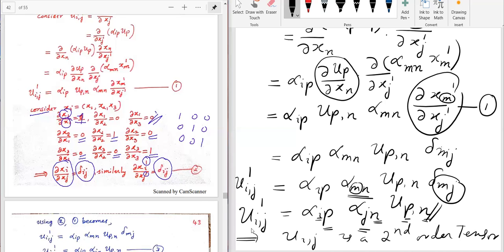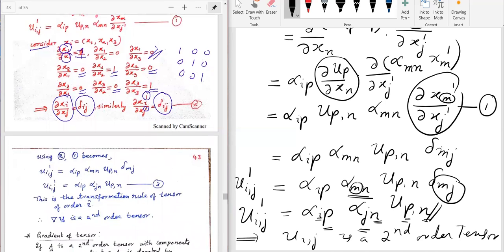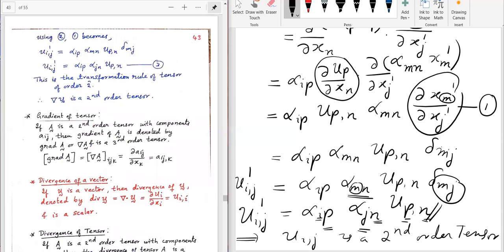The next part, gradient of a tensor. Now what is the gradient of a tensor? Let us take a second order tensor. Let A be a second order tensor with components Aij. Then the gradient of A is denoted by grad A, or del of A, and is nothing but a third order tensor.